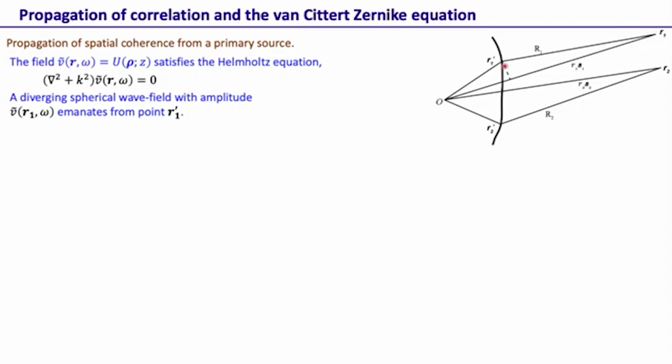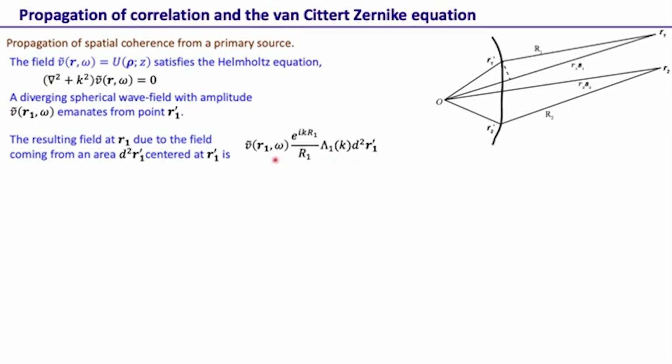So here we consider r1 prime to be a point source with amplitude V(r1, omega), which is the amplitude of the source. Then we will calculate the amplitude reaching this point due to this source. So if we have a source at r1 prime with amplitude V tilde (r1, omega), and also consider d2r1 prime, a tiny area at r1 prime, then the field amplitude reaching r1 from this point, that contribution, can be written like this.